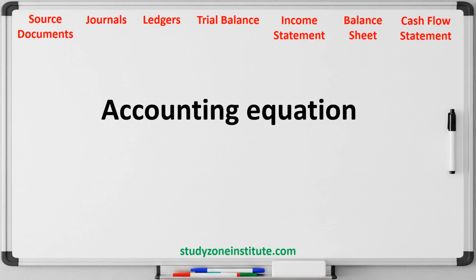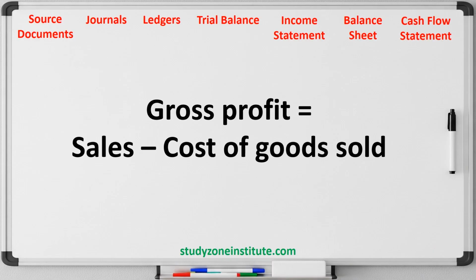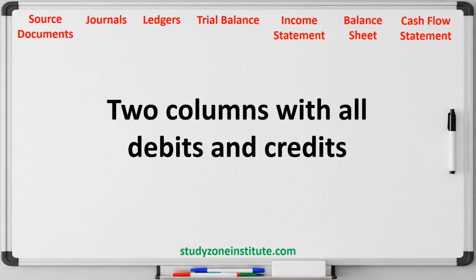Accounting equation. Balance sheet. Gross profit equals sales minus cost of goods sold. Income statement. 2 columns with all debits and credits. Trial balance.